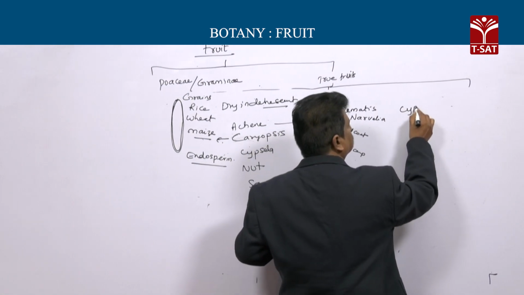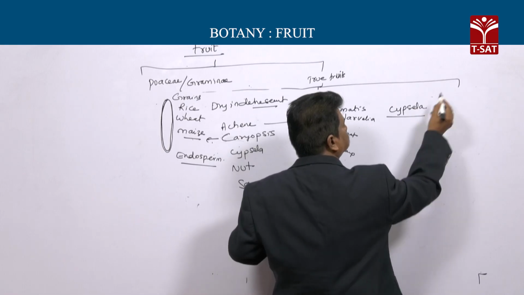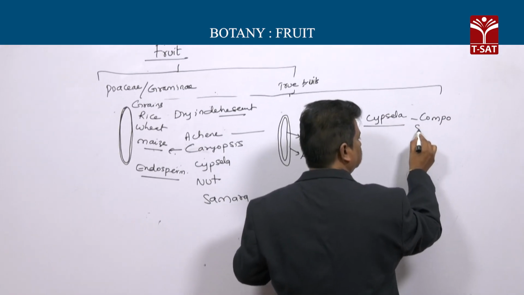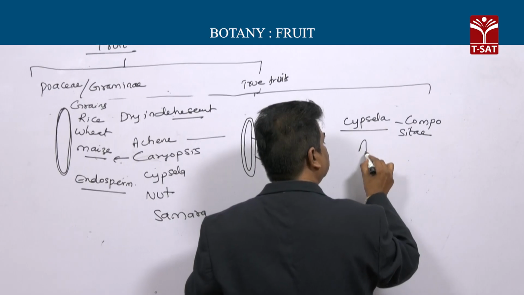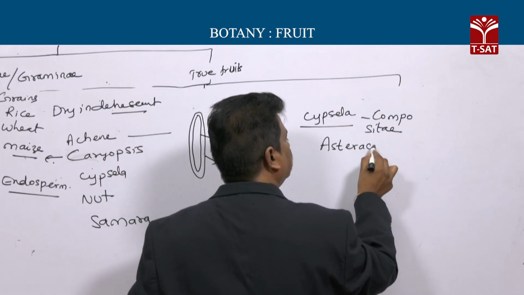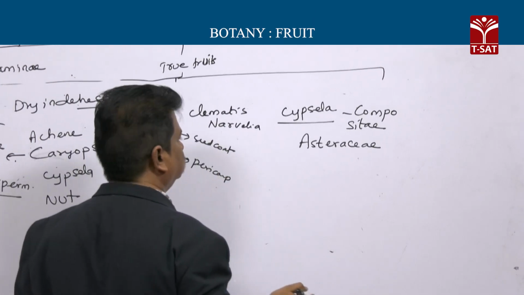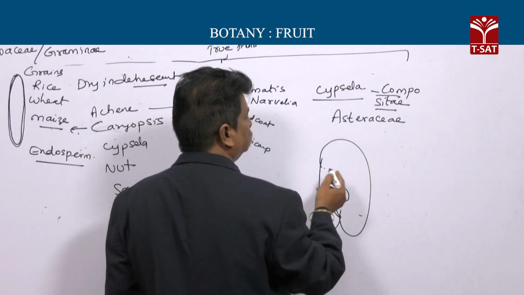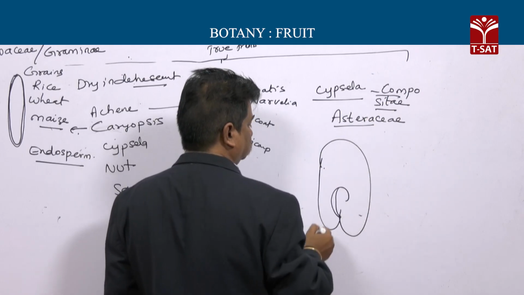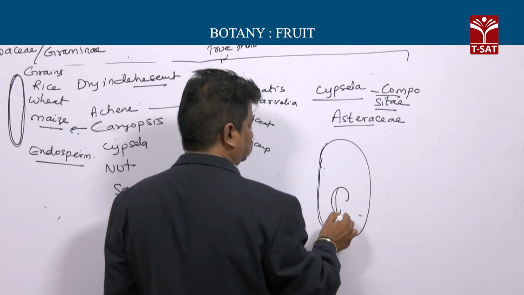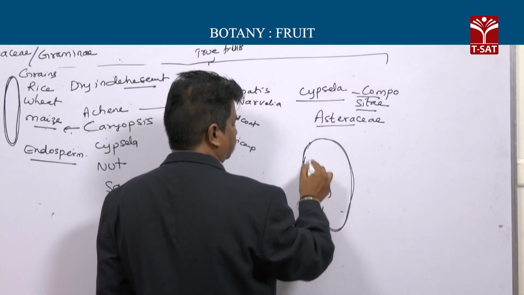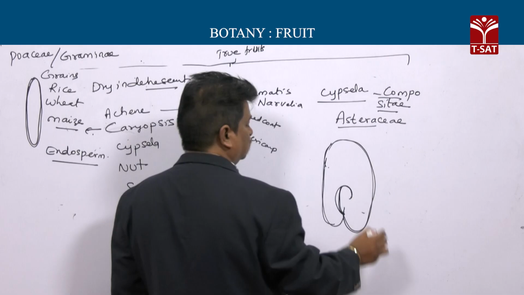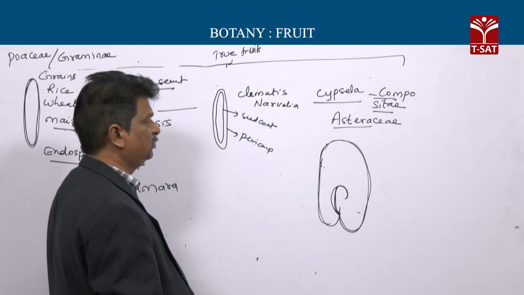Next is cypsela. Cypsela is a characteristic fruit of Compositae, old name. New name is Asteraceae. Cypsela is developed from bicarpellary, syncarpous, inferior ovary and single ovule present at base.